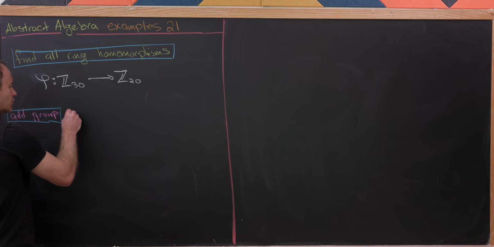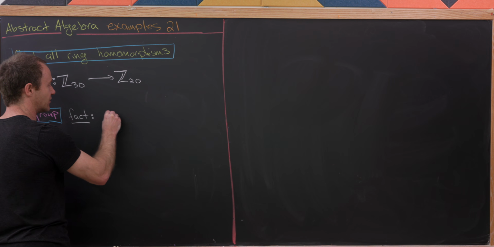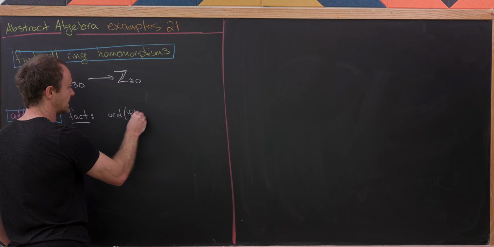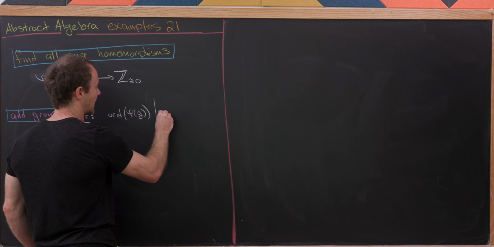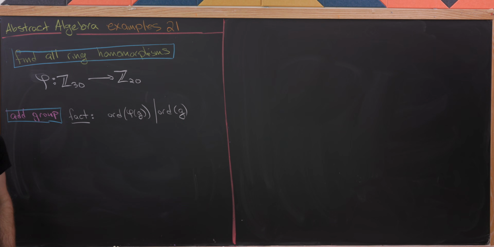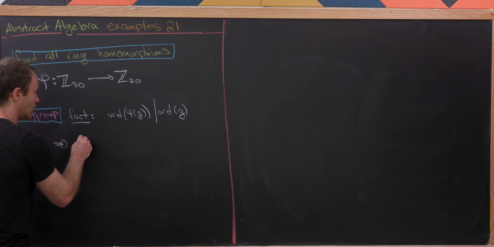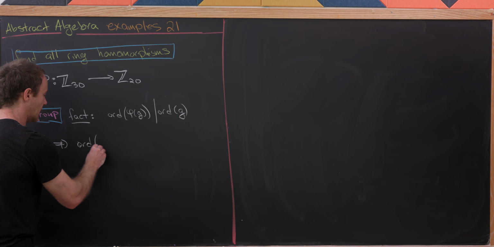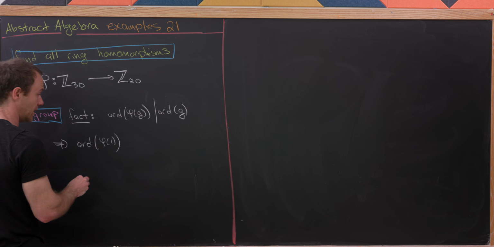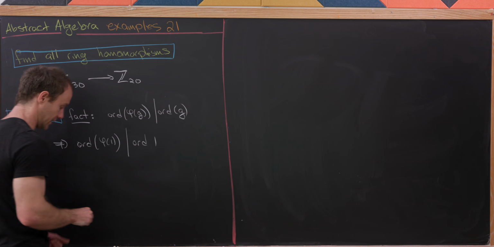Okay, let's recall the following fact, which says the order of phi of g must divide the order of g. And this is true for any homomorphism. So that means we have the order of phi of 1 must divide the order of 1.